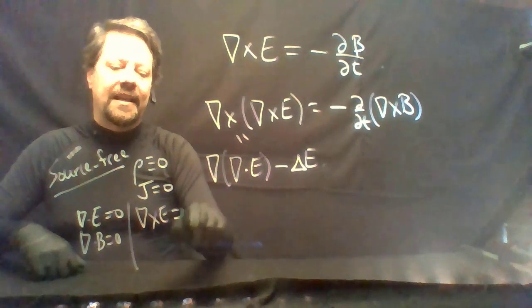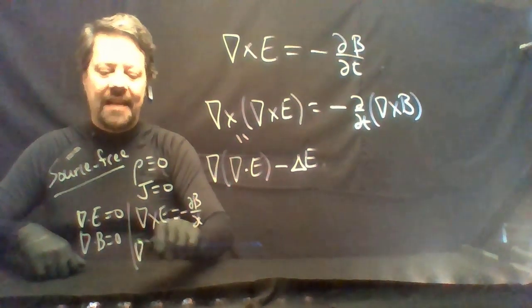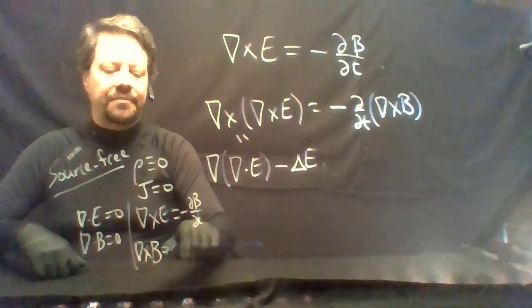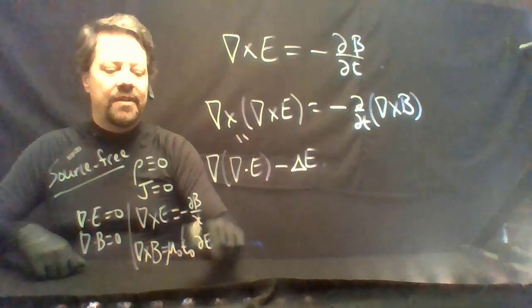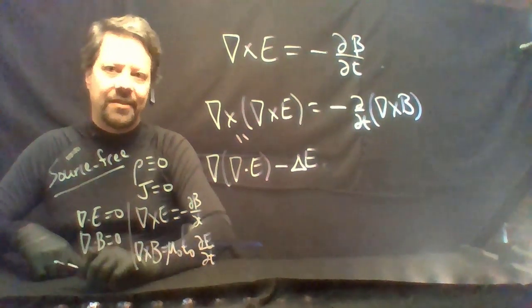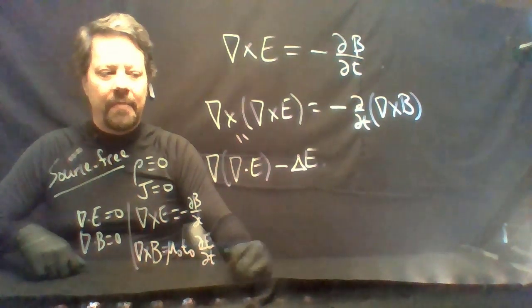The curl of E is minus the derivative of B with respect to t, and the curl of B is mu naught epsilon naught times the derivative of E with respect to t. Since j is 0, there's no additional term.